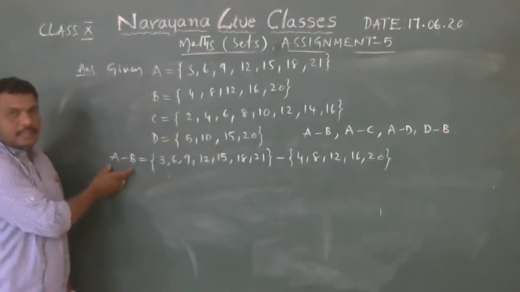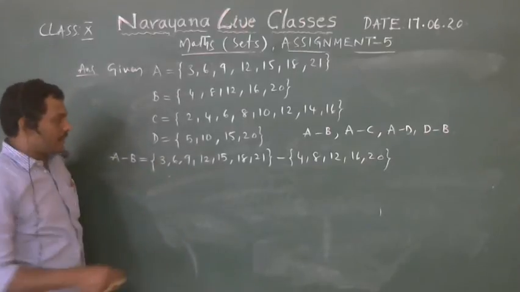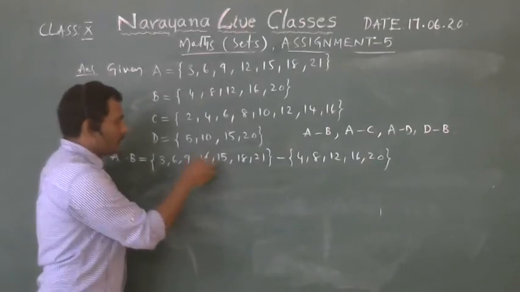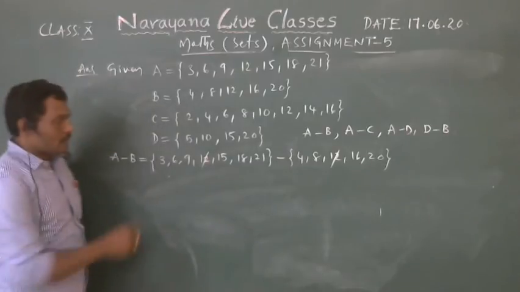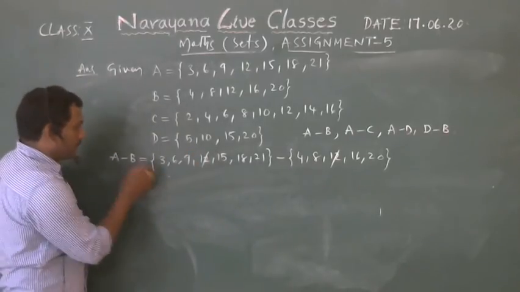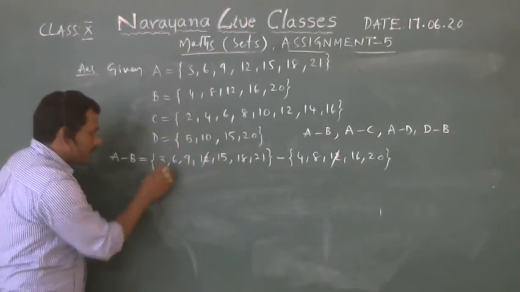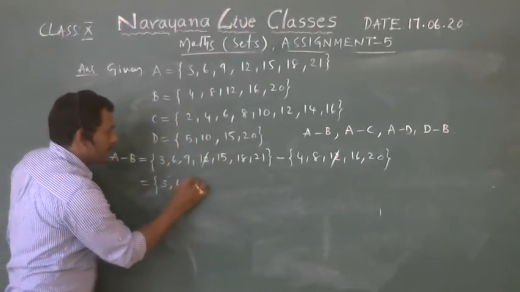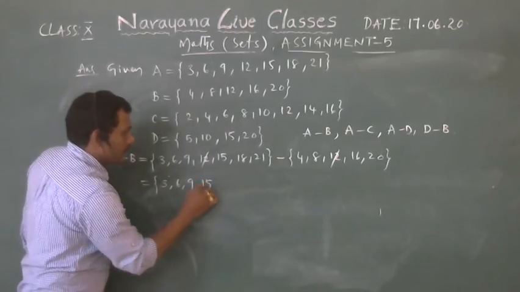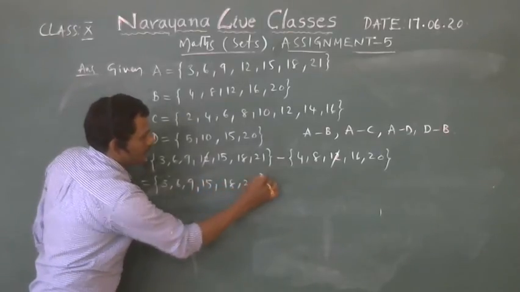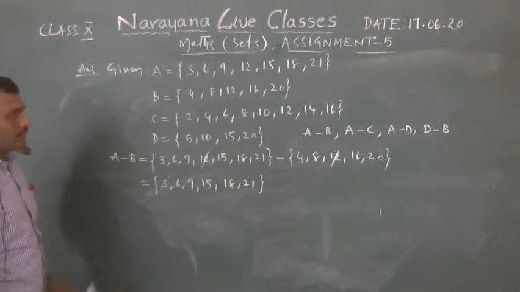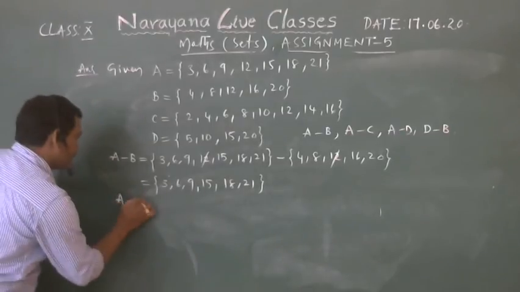For A minus B, the common elements will be removed first of all. Here 12 is common, no other common elements here. The elements of A that do not belong to B are written as 3, 6, 9, 15, 18, 21.